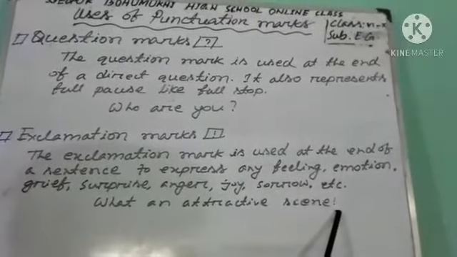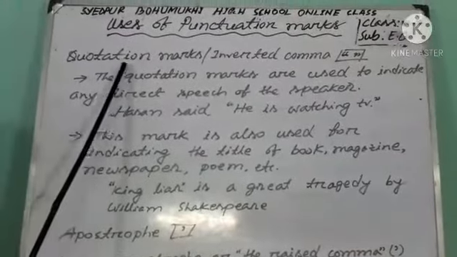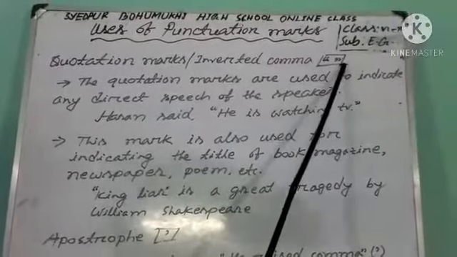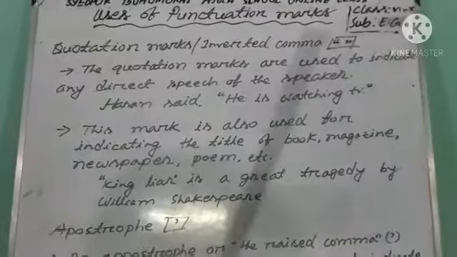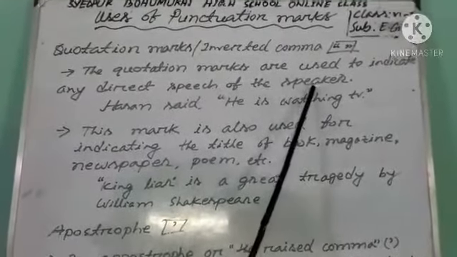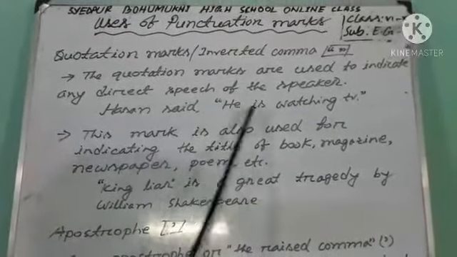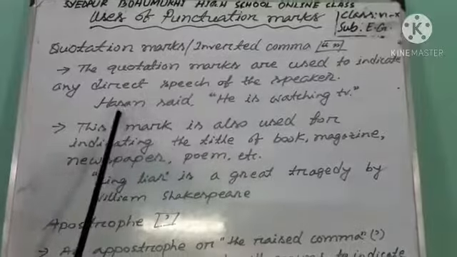Now we are going to learn when we use quotation marks or inverted commas in our sentence. Quotation marks are used to indicate any direct speech of the speaker. For example, Hassan said, "He is watching TV." We use inverted commas because it is direct speech.